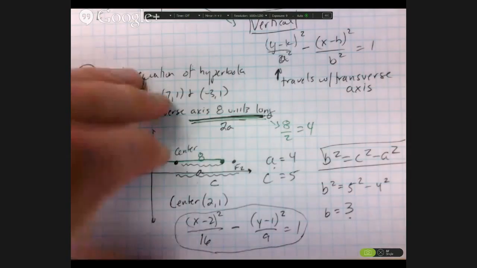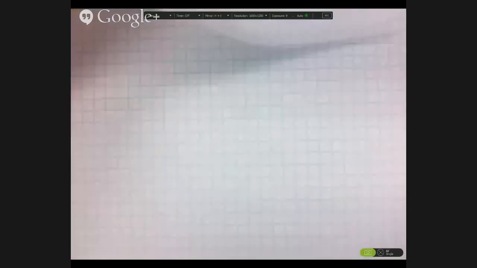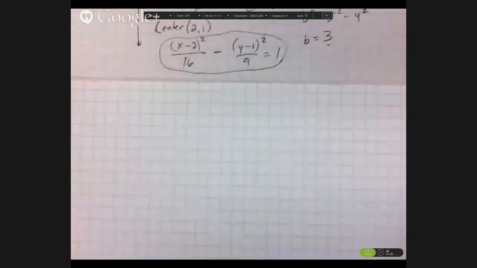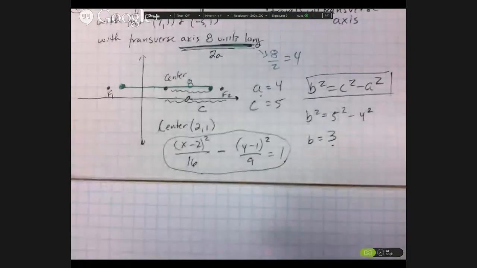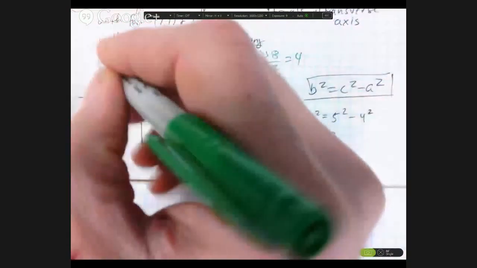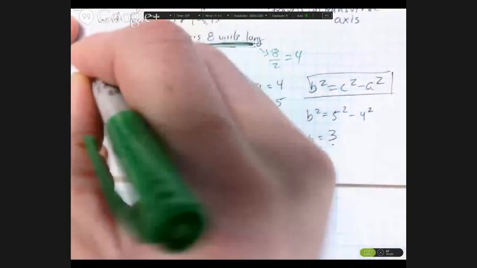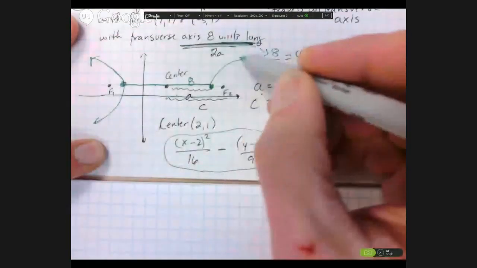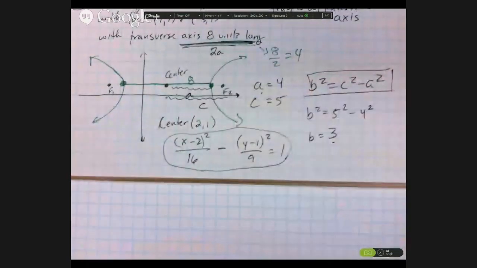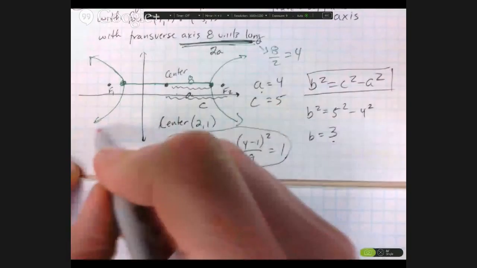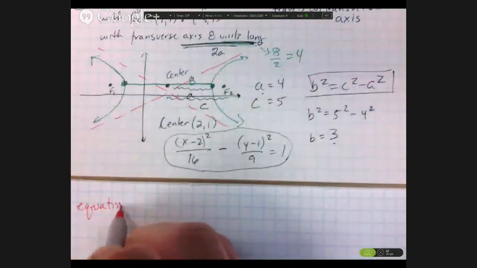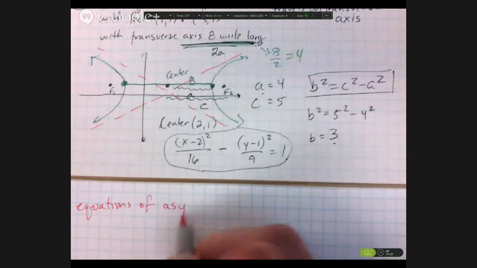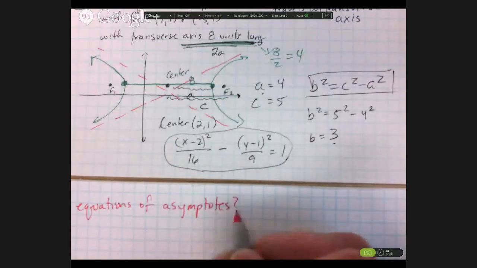Okay. One more thing, and then we'll be good. This hyperbola might look something like that. The question is, what might the equations of the asymptotes be?